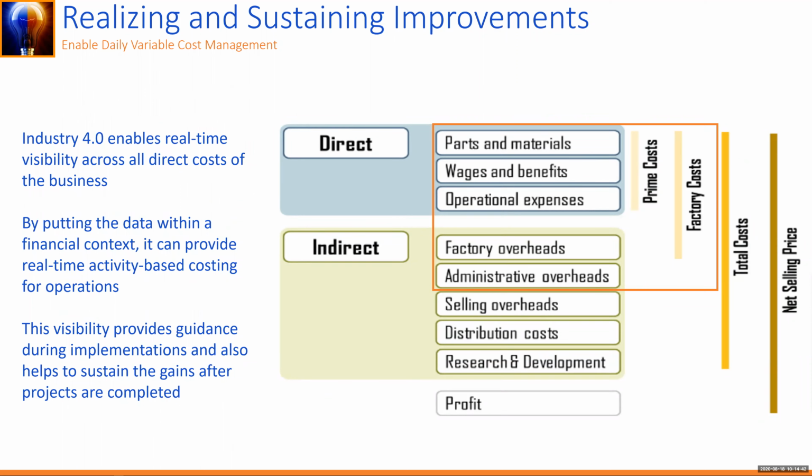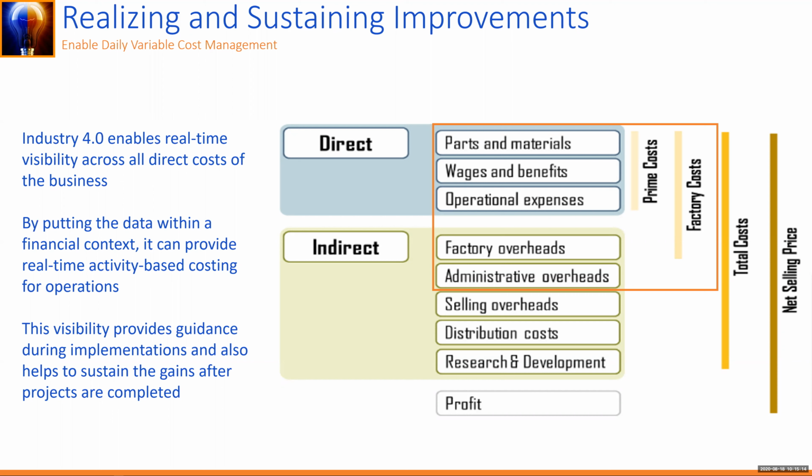Another thing that you want to be able to do is to tie this into the actual dollars. When you have a plant manager, they're looking at a daily report. They want to understand, are they on target or off target when it comes to costs? If you think back to the 90s, people were trying to do activity-based costing, and that effort stalled out because there just wasn't enough data.